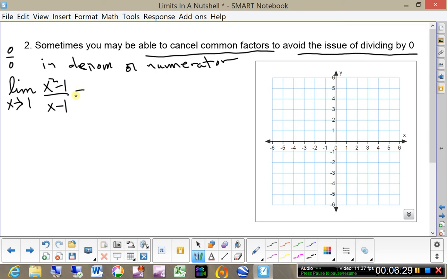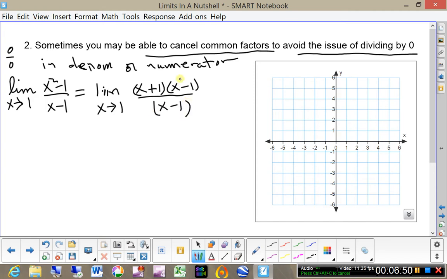But notice that we can write this as the limit as x approaches 1 of x plus 1 times x minus 1 divided by x minus 1.